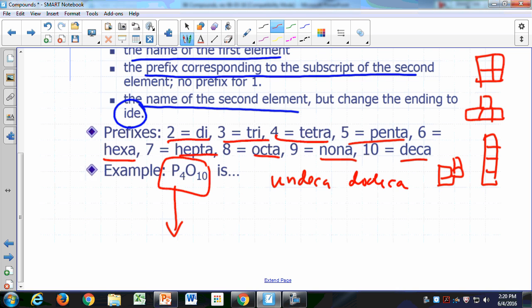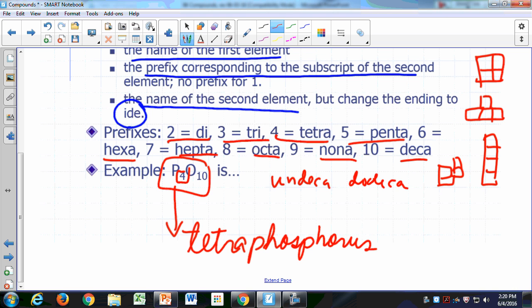So first of all, what would be the prefix for phosphorus? Of course, we know this is binary, right? 2 elements. And we know this is molecular. So we're going to use the rules here. So 4, the prefix for 4 is? Okay, and then the name of the first element is phosphorus. And then the second prefix would be deca, and then oxide.